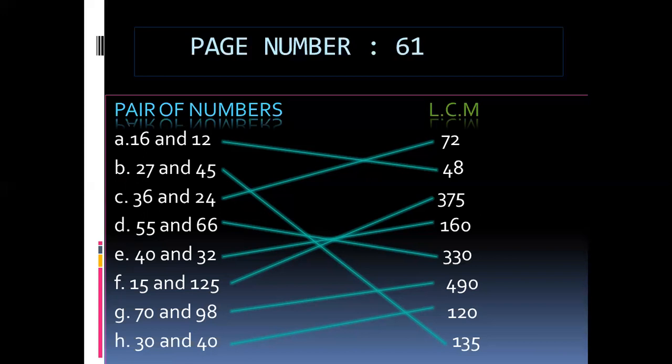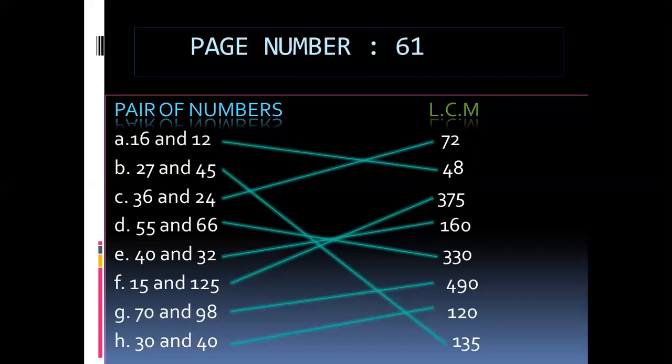The LCM of 40 and 32 was 160. 15 and 125, after the calculation, the LCM becomes 375. 70 and 98, the LCM was 490. And 30 and 40, the LCM was 120.